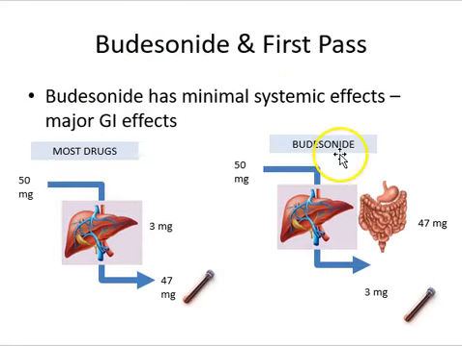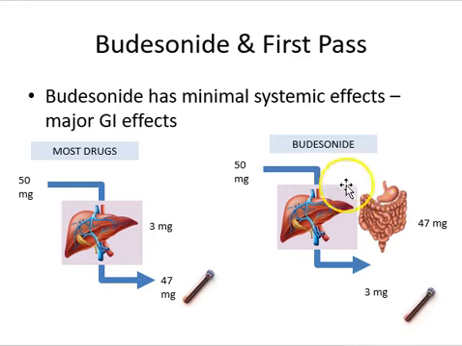Well, this is the opposite. Here, budesonide, 50 milligrams, say, are administered, 50 milligrams hit the liver, and 47 of those milligrams stay within the GI compartment. And only 3 milligrams of that administered drug can actually be observed in the serum. So this is great.